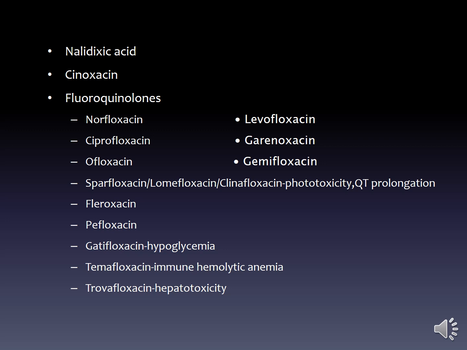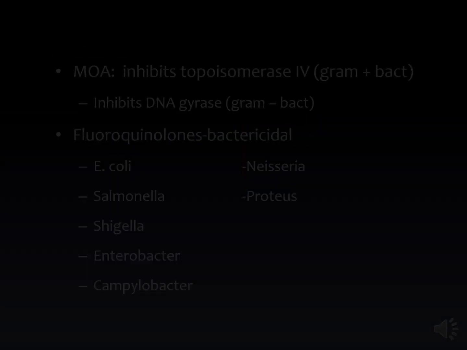These are the ones which we use, and we have a lot. The commonly used ones are ciprofloxacin, ofloxacin, levofloxacin. These are commonly used PO. Now sparfloxacin, lomefloxacin, and plinafloxacin can produce phototoxicity and QT prolongation. It's not so much used anymore.